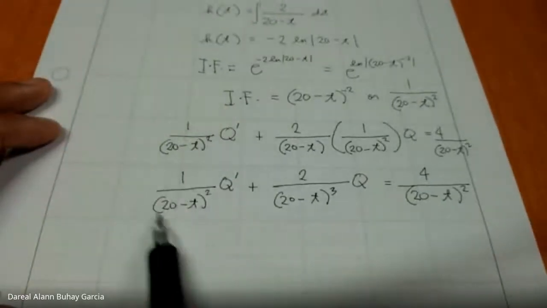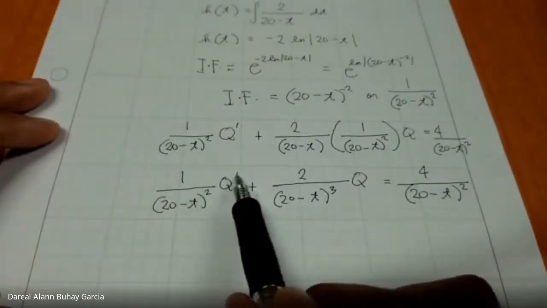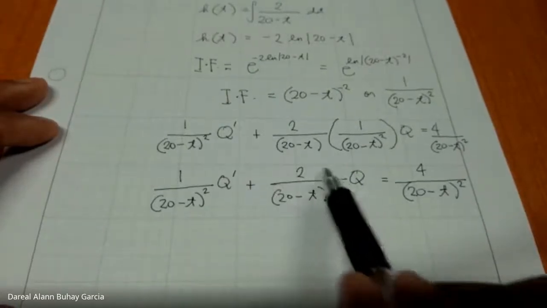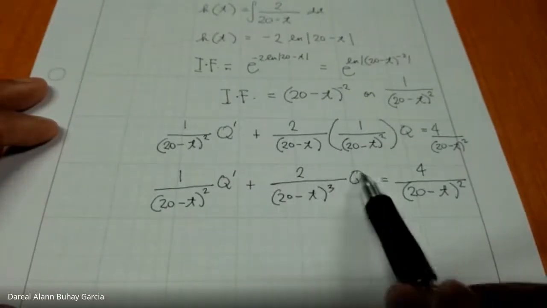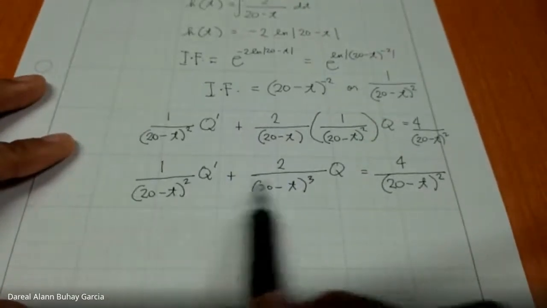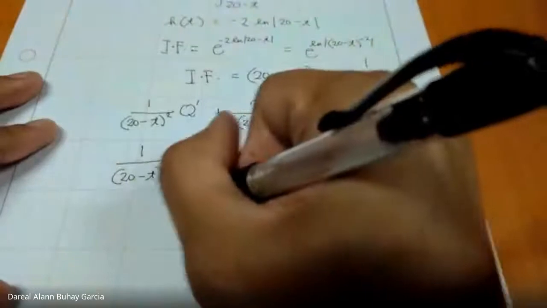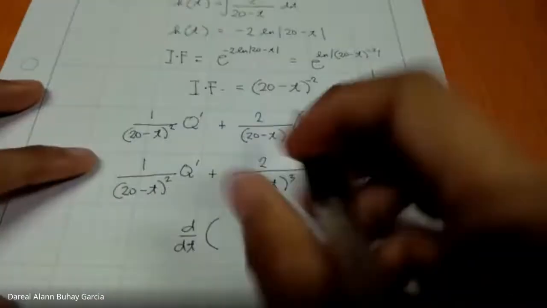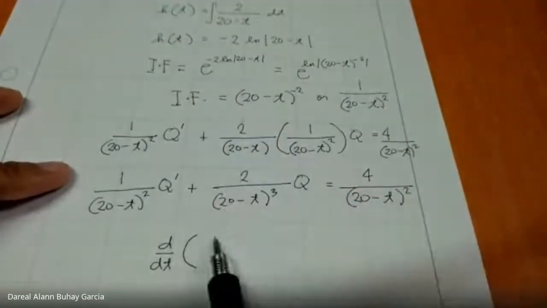So this is our u, this is our v prime, plus this is our u prime, and this is our v. Such that, if we simplify, this will only become d over dt of u times v, which is our integrating factor. So it attaches to the integrating factor.